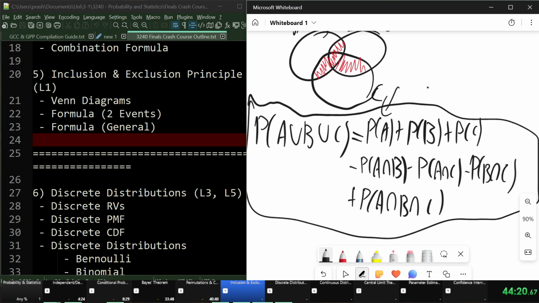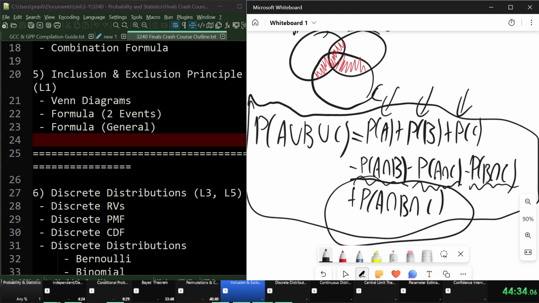You add up the individual ones first. Then you subtract away the intersections between every 2 events. And finally, you add back the intersection of all 3 events.